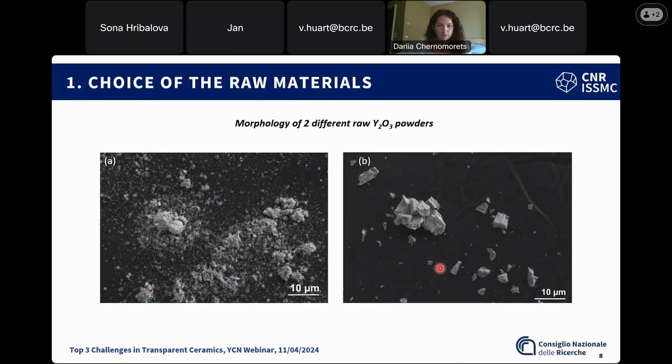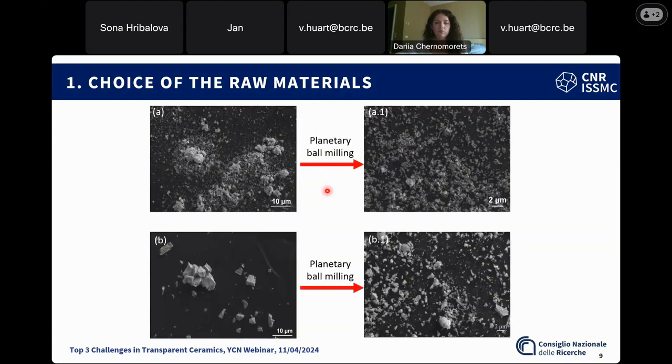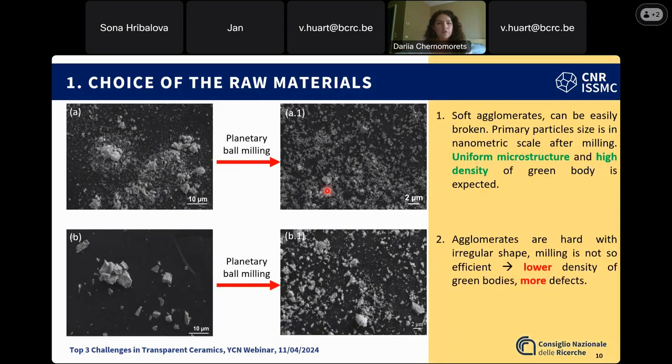On this slide, we see my results in obtaining zirconia doped yttria ceramics as an example. There is a microstructure of pure and doped yttria ceramics obtained by vacuum sintering.